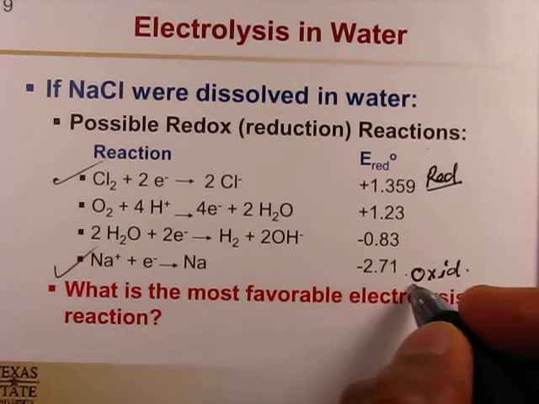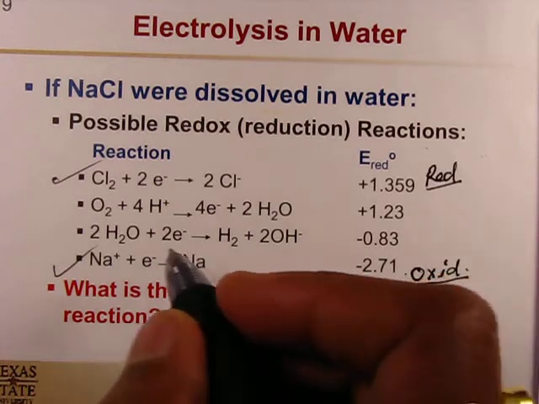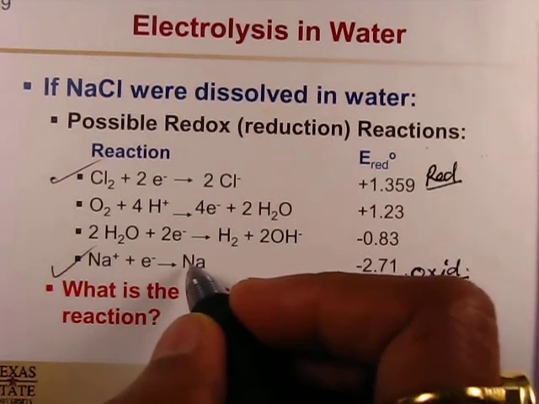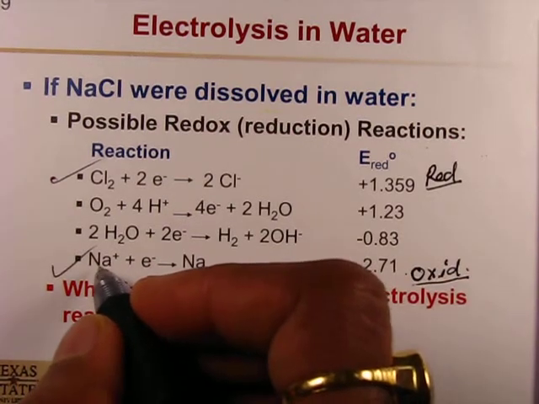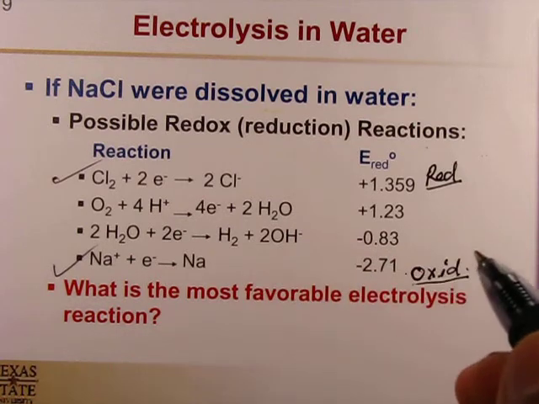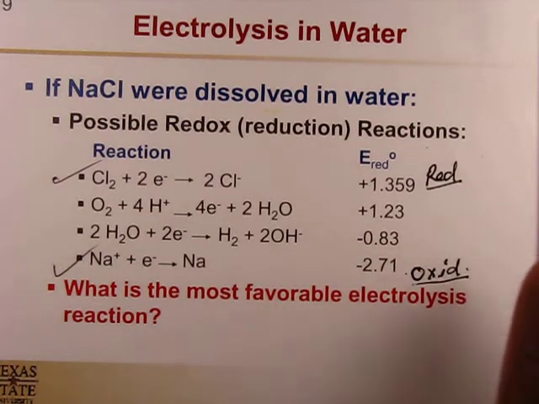Therefore, you will not get sodium metal either. Basically oxidation will happen, meaning sodium metal would ionize into sodium ion rather than us getting sodium metal, so the opposite reaction will happen.